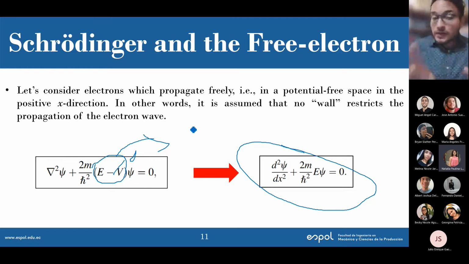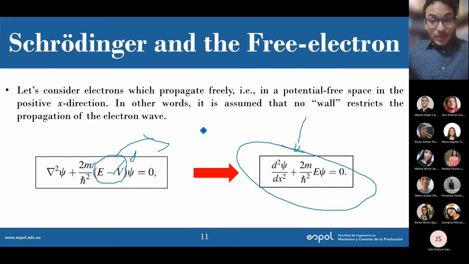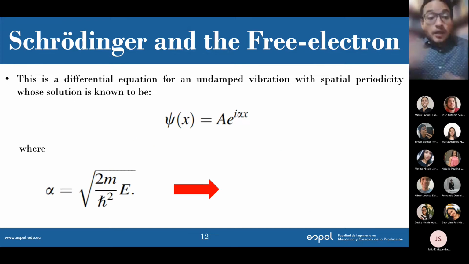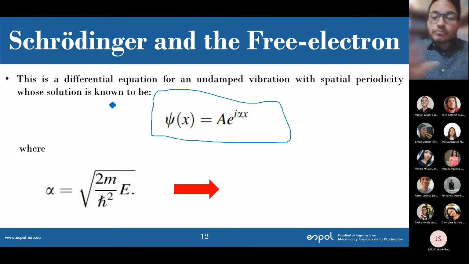I don't know how you learned this equation in the solution, but if you relate this to a vibration of any system, this is basically equivalent to a vibration that is undamped, that doesn't have any support at the end. It's just the vibration. And therefore, the solution is this one. And again, we'll do this step by step, hopefully in the tutorial, and you will do it, and I'll guide you through it.